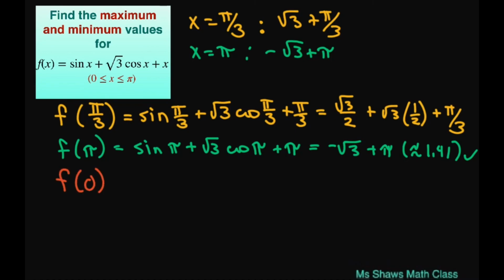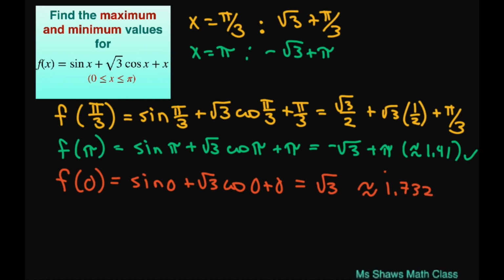Hopefully this will be just as easy. It's sine of 0 plus square root of 3 cosine of 0 plus 0, which is just square root of 3, approximately 1.732. So at x equals 0, it's square root of 3.